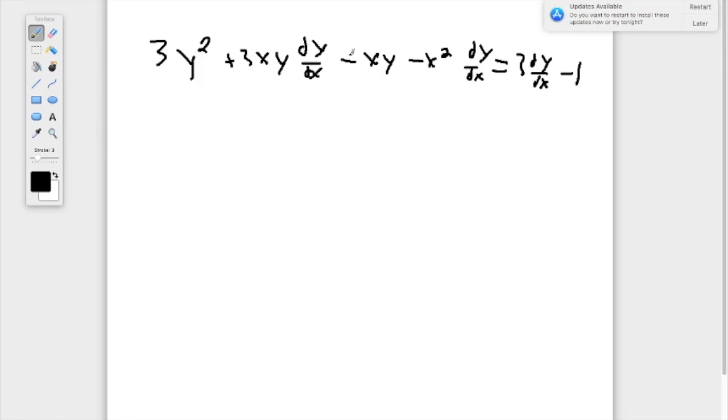So I'm going to bring all these terms to the right side.